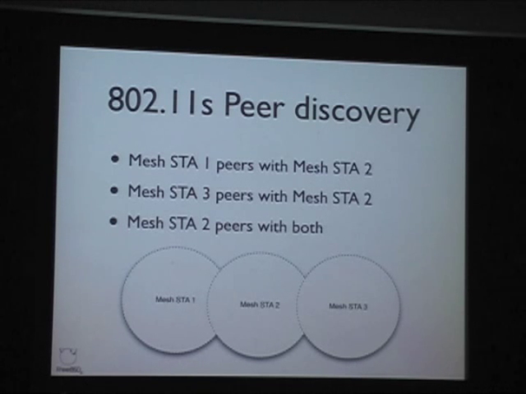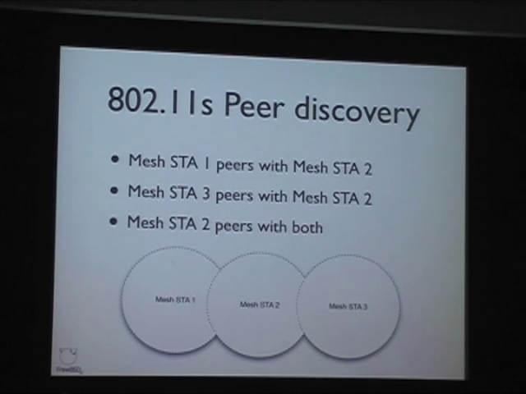If each of these stations is broadcasting beacons, then mesh station 1 will get a beacon from station 2, station 2 will get a beacon from station 1, and station 3 from station 2, station 2 from station 3, and they'll peer with each other.